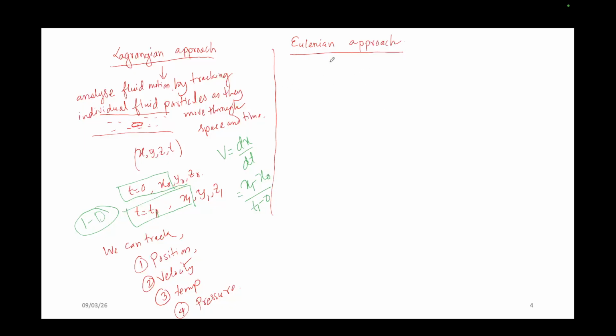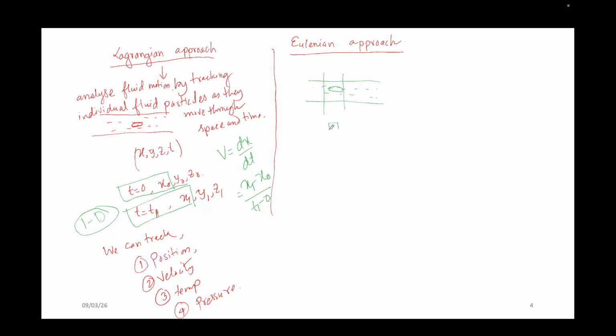So I am moving to this Eulerian approach. Let me first give you an example. This is a river, right? You see a lot of particles, say a wooden piece or a leaf, flowing at this position. Your objective is to track only one region, so you just put a camera here.